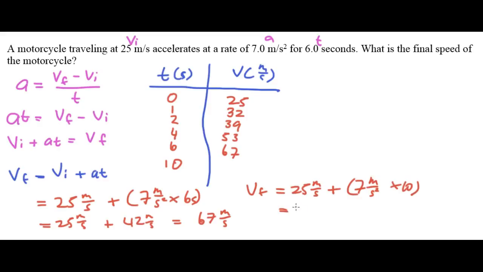So after 10 seconds it should be going 70 meters per second faster, because 7 times 10 is 70. And so it should be going 95 meters per second after 10 seconds.